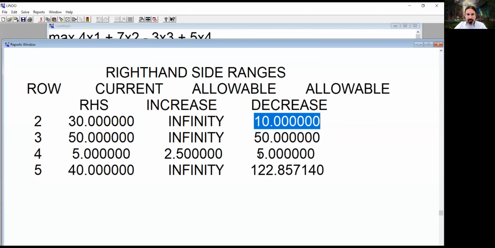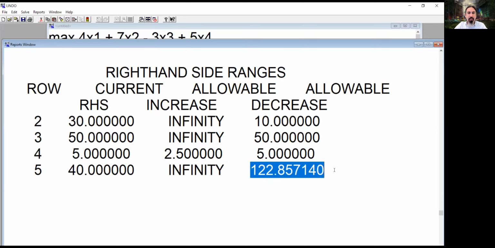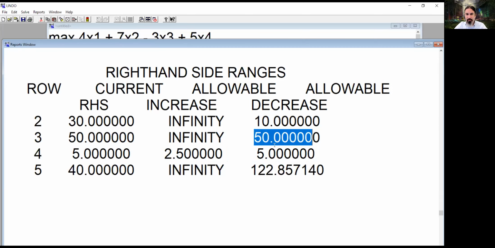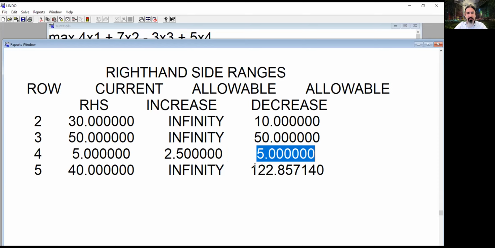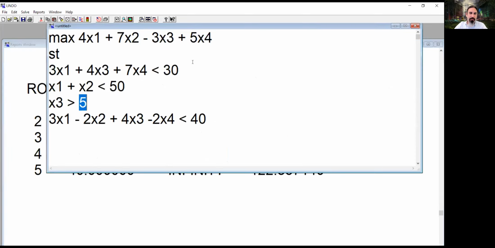Okay, and in here it can go to 0 again, but it cannot go above 7.5, or the optimal solution will change. Again, it can go infinitely up, but it can only go 122, and it actually allows me to get into the negative values. This one wasn't allowing me to get into negative values, neither was this one, but this one is, because there are some negative signs in there, as you can see.